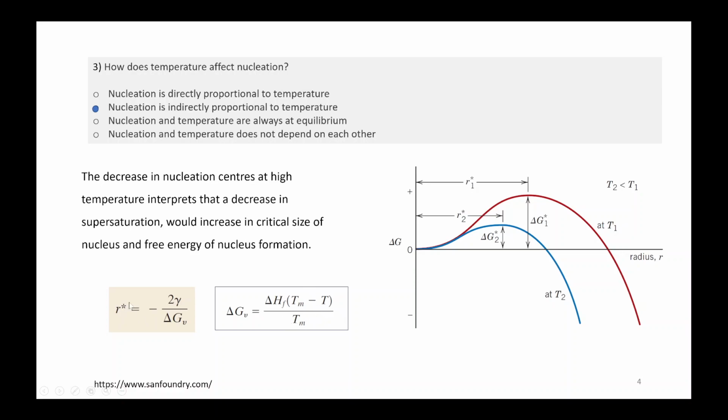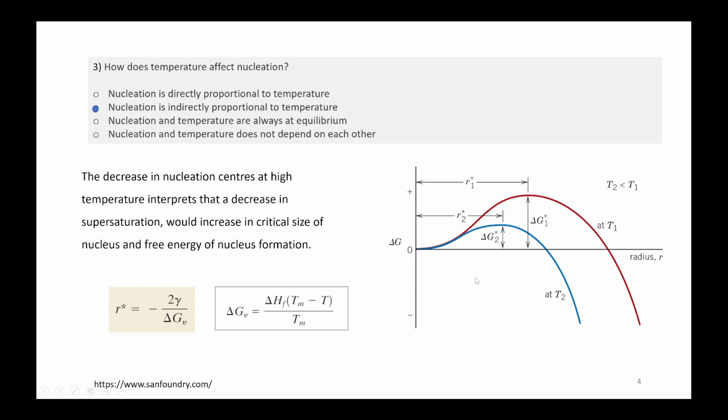And the size of the nucleus will be inversely proportional to your delta Gv. So the decrease in nucleation centers at high temperature interprets that a decrease in supersaturation would increase the critical size of nucleus and free energy of nucleus formation.